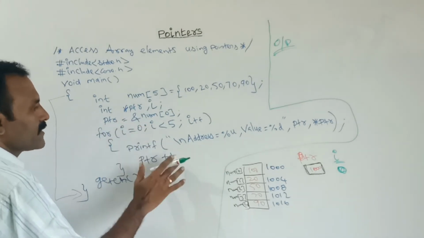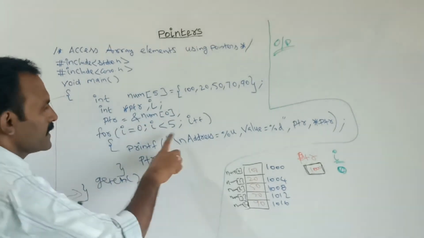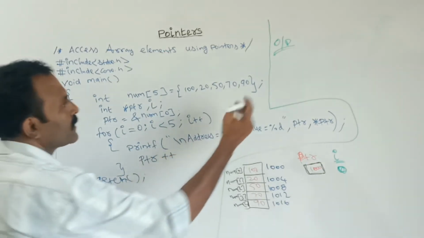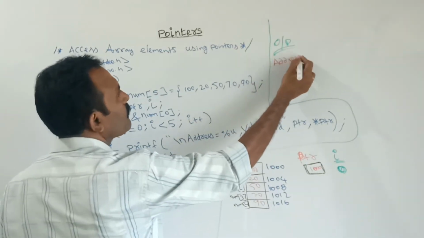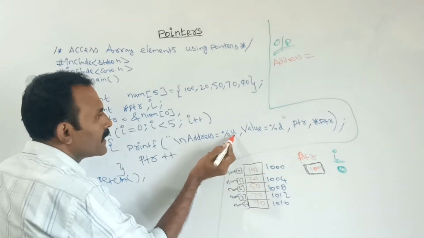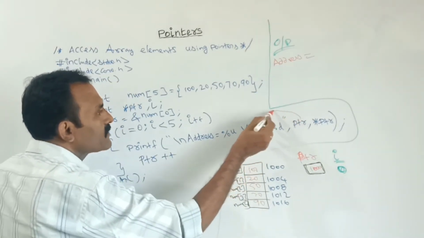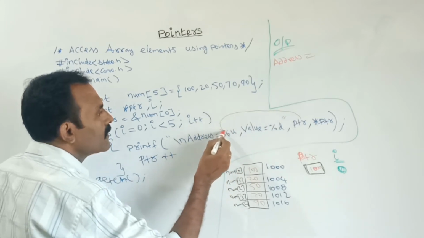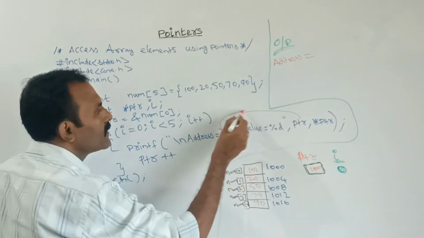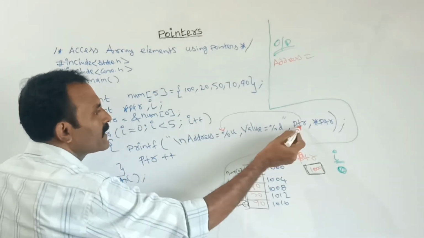Here inside this statement I am telling \n, the next line, it will print, that is address is equal to, here it will print PTR, this first format specifier, for this first variable, here I have given it as PTR.